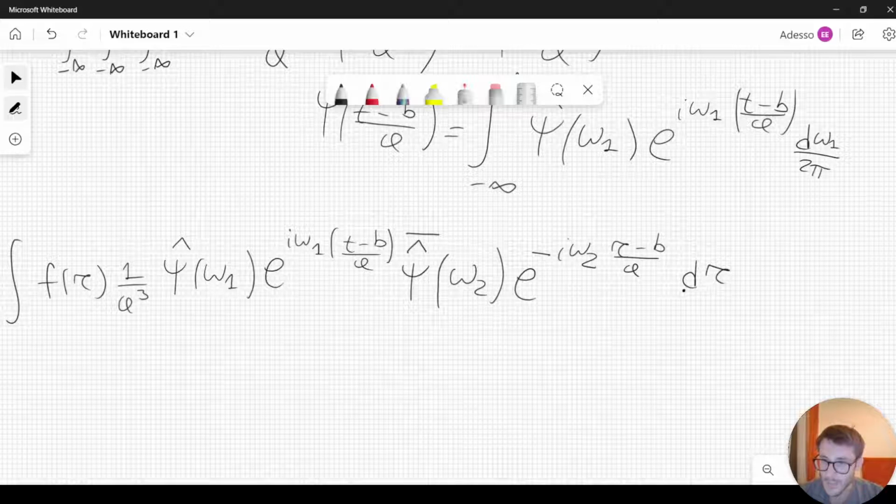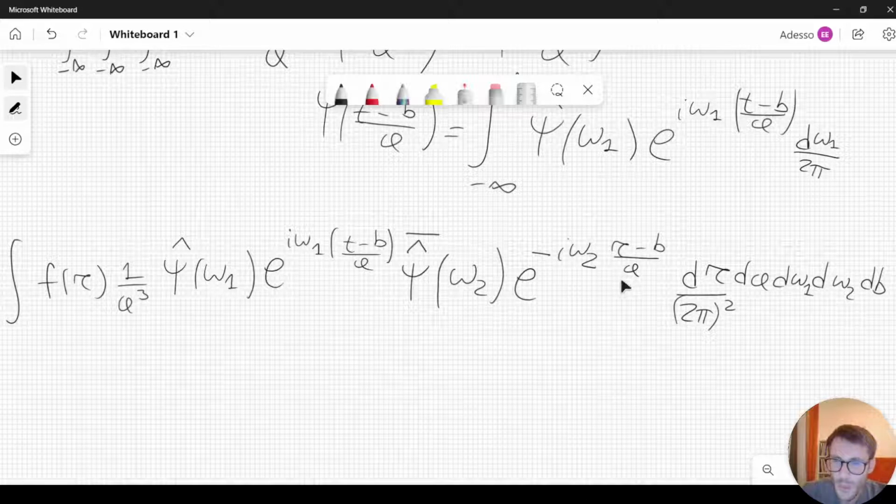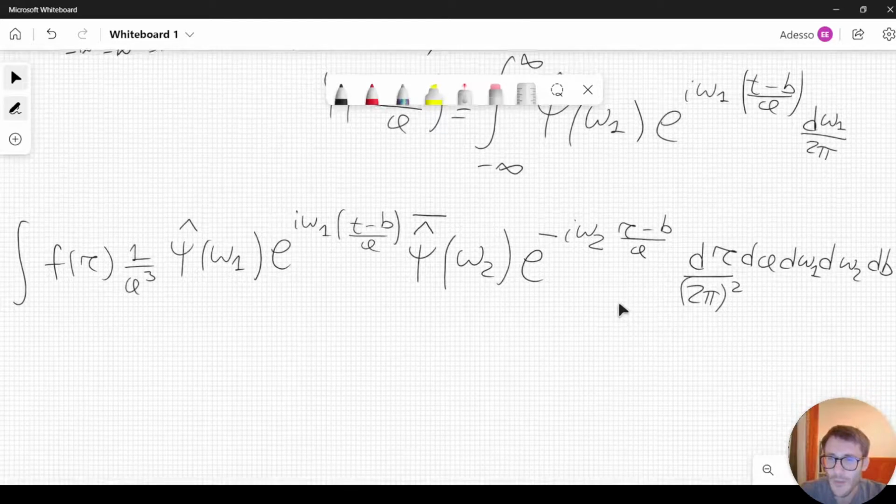I have d tau, and I have a factor of 2 pi squared in the denominator because it comes from the inverse Fourier transform, and I have 2 inverse Fourier transforms, so I have a factor of 2 pi squared here, and I have da d omega 1 d omega 2 db.